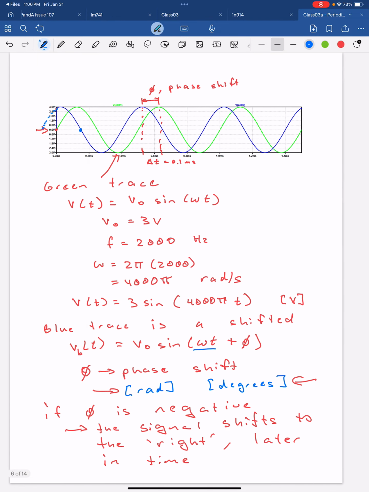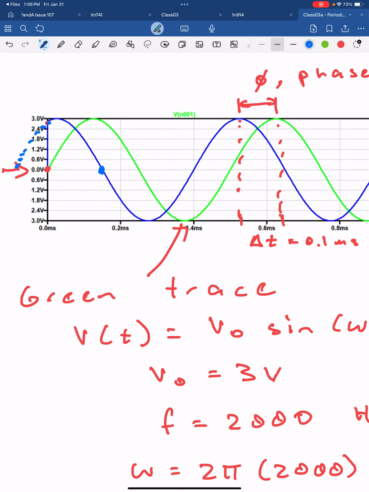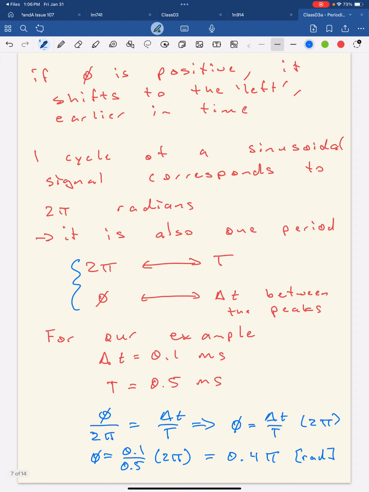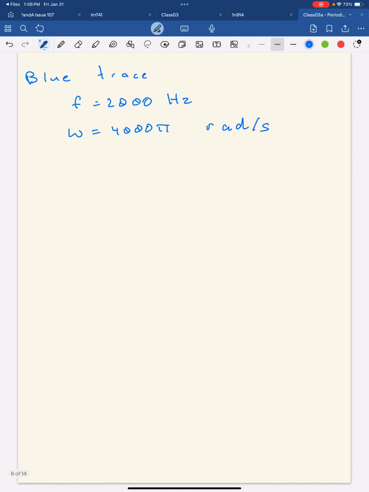Overall, mathematically, the blue trace has the same frequency. We know f was 2,000 hertz, and omega is 2 pi times that, which we had already written out: 4,000 pi radians per second. We see it's the same amplitude, so we know the amplitude is 3. And our phase shift was 0.4 pi down here at the bottom of the page.